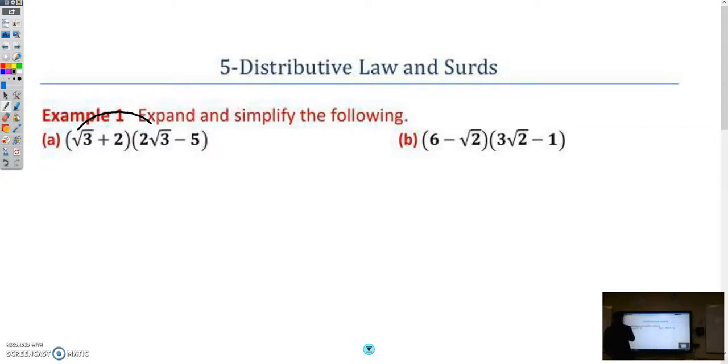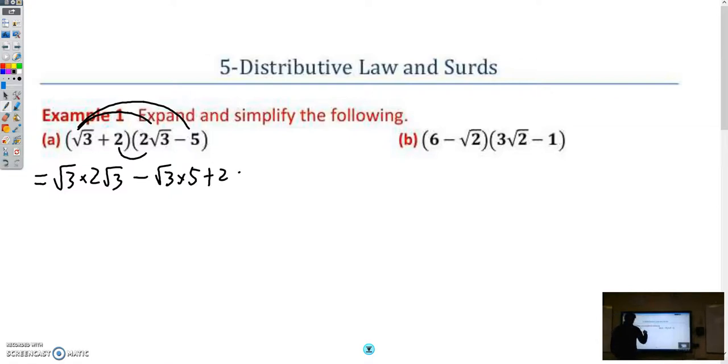3√3 times 2√3. We have √3 times -5. We have 2 times 2√3. And we have 2 times -5.